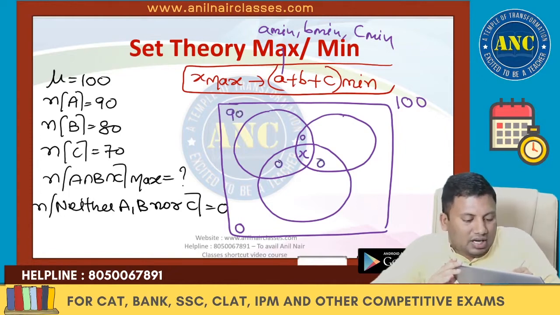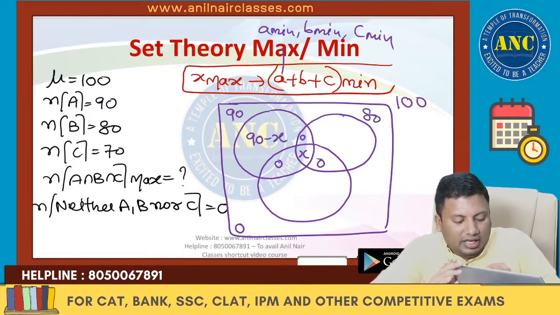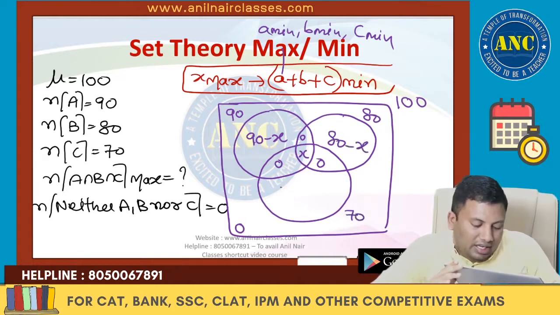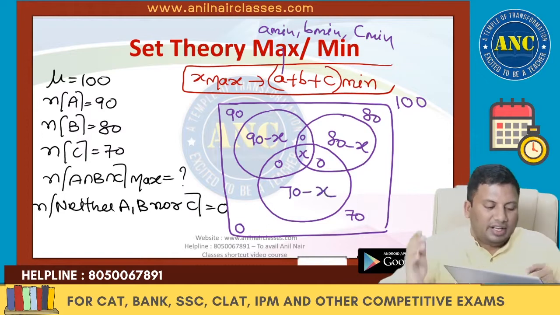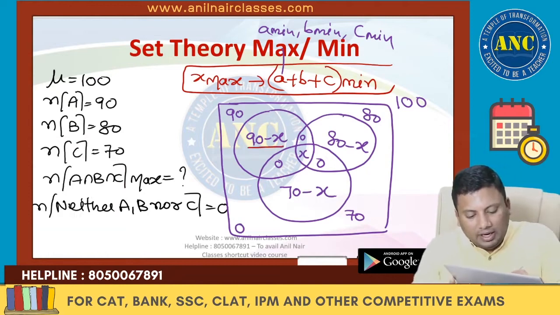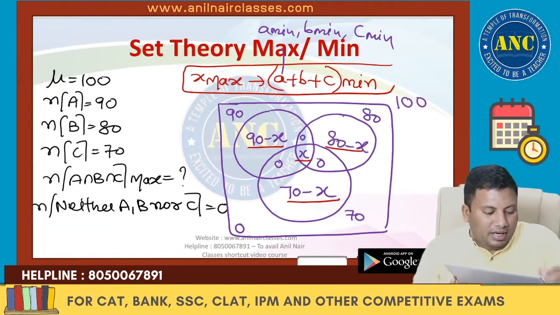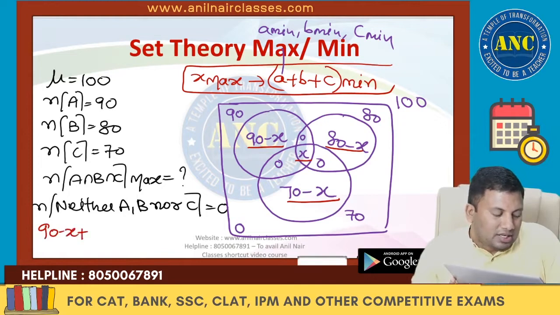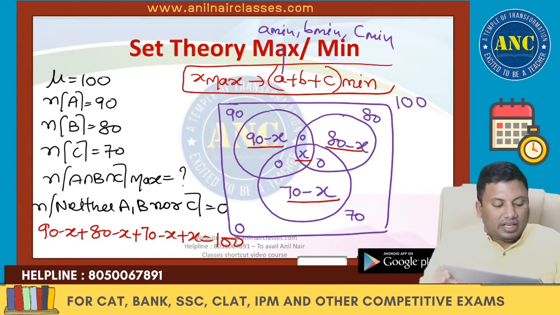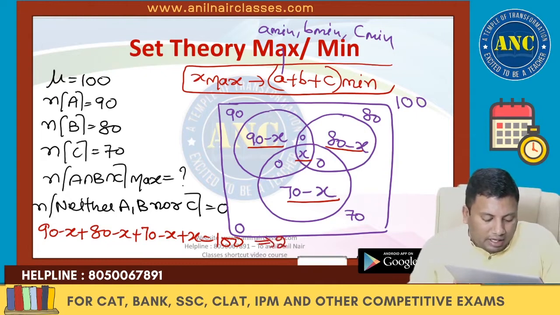If this is 90, this will be 90 minus X. This is 80, this will be 80 minus X. If this is 70, it is 70 minus X. So the answer will be 90 minus X, 80 minus X, 70 minus X. 90 minus X plus 80 minus X plus 70 minus X plus X equals 100. 170, 240. 240 minus 2X is nothing but 100.